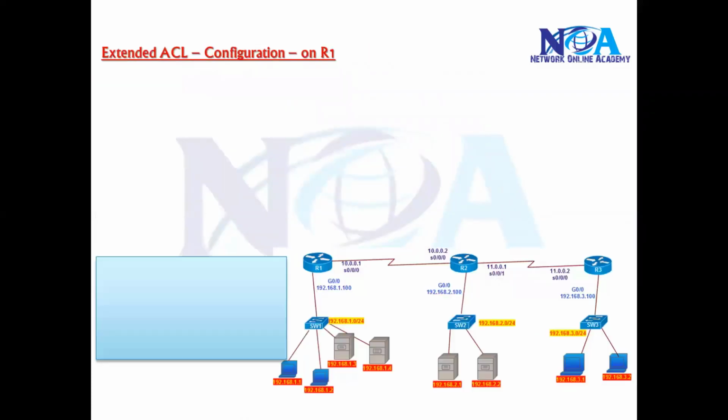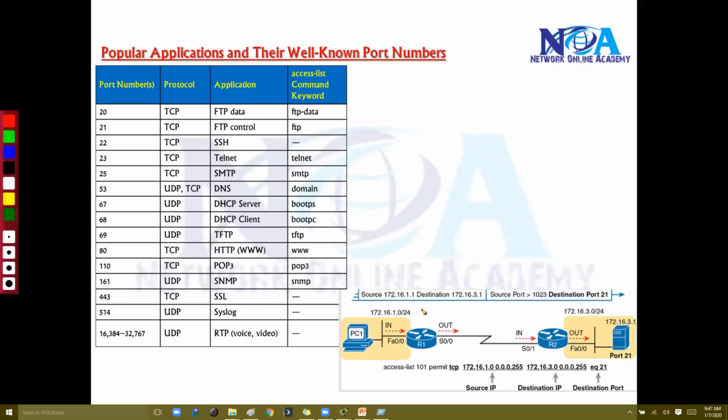Now here I got a table. You can see in this table I have listed some of the well-known or commonly used port numbers. If you are using any of these services in your production network, like telnet, and you want to specify that the telnet traffic should be denied or permitted, then we use port number 23. And of course 20 and 21 are used by FTP, 22 is used by SSH.